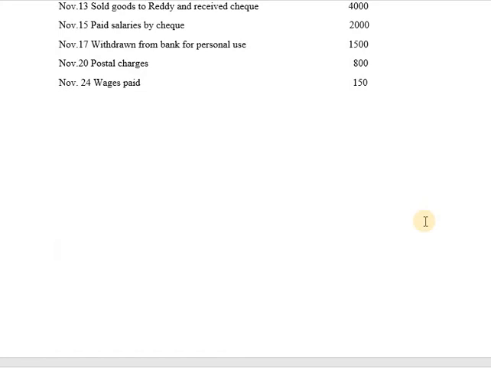Next, after November 15 we have a transaction on November 17, withdrawn from bank for personal use 1500 rupees. The owner of the business can withdraw cash from the business for his personal use, but here the owner has withdrawn the amount from the bank for his personal use. So whenever the owner has withdrawn the amount for his personal use, it will be termed as drawings. So it will be recorded as November 17 by drawings 1500.